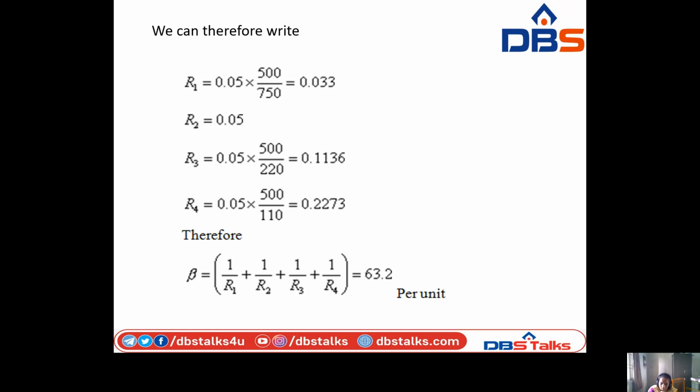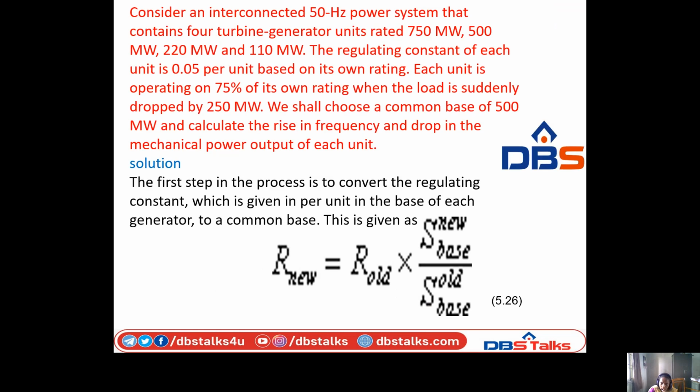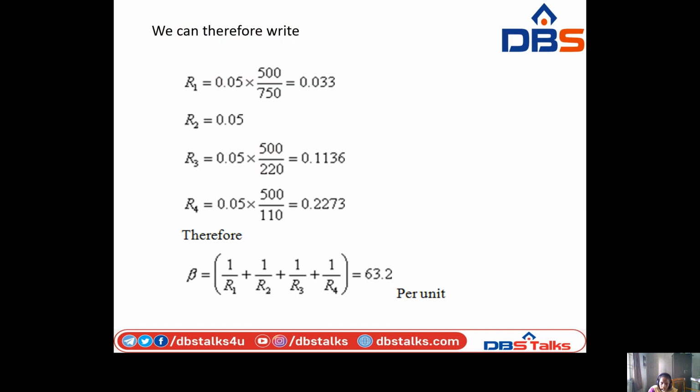Same for R2, which is 0.05 into 500 by 500. Both cancel, so it is 0.05. Then R3 equals 0.05 into 500 by 220, where the new base is 500 and the old value is 220.